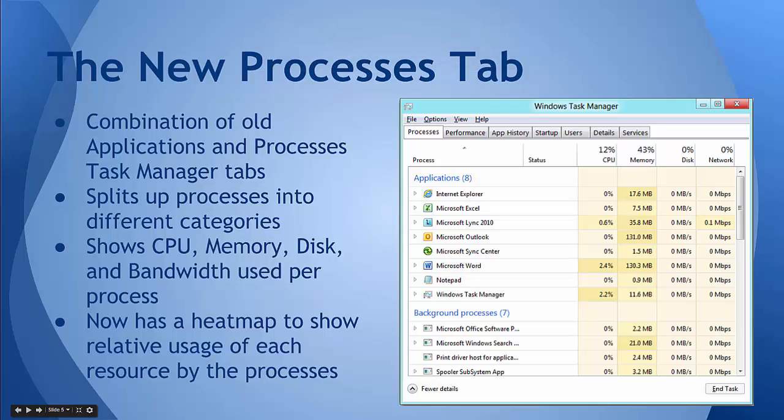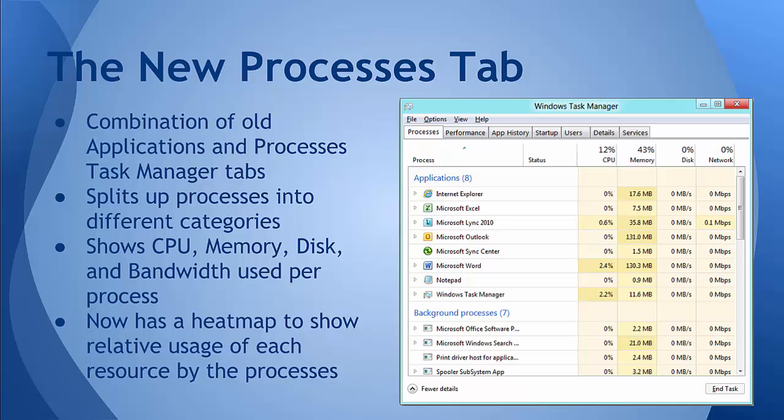After pressing the More Details button, an updated version of the Task Manager appears, starting on the Processes tab, which is the old Applications and Processes tabs combined in one. This has also been greatly changed from the previous versions of the Task Manager.